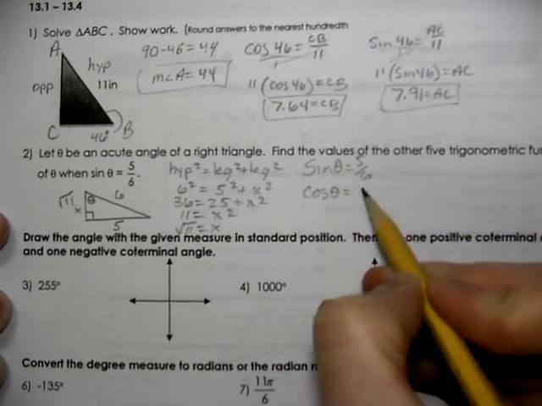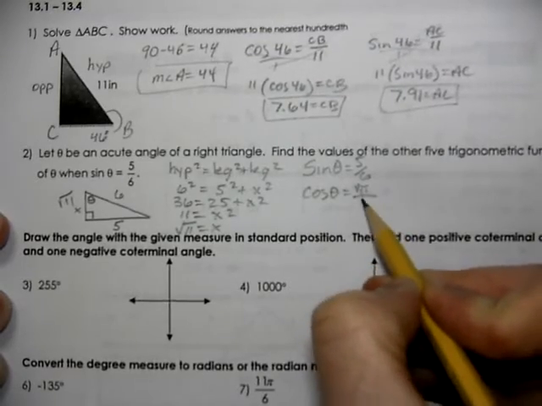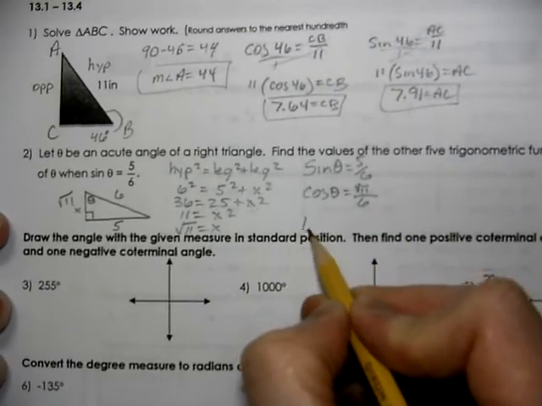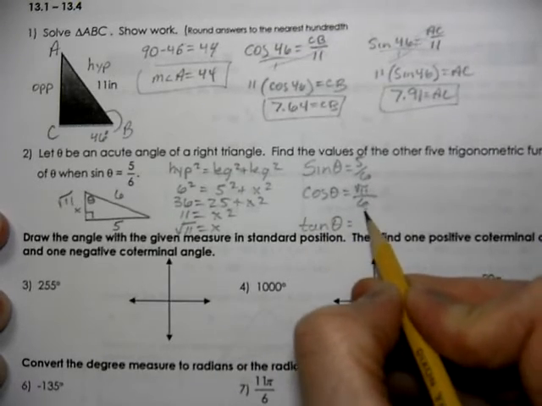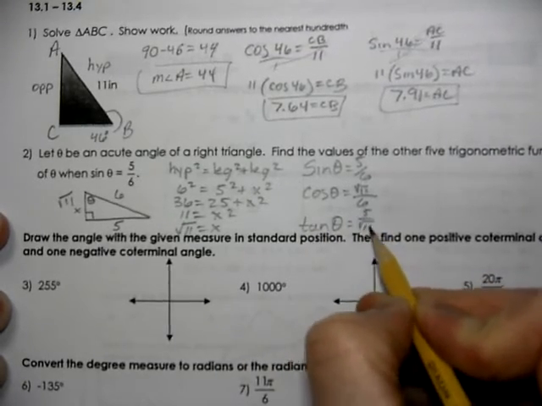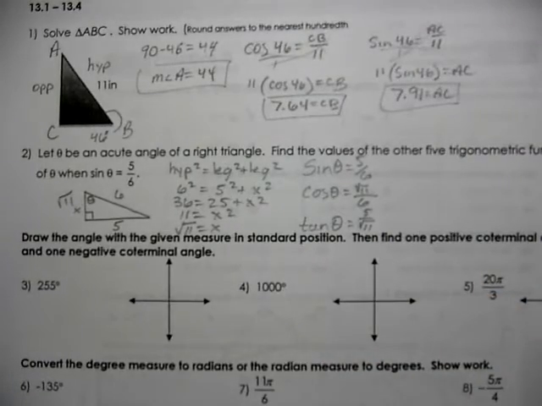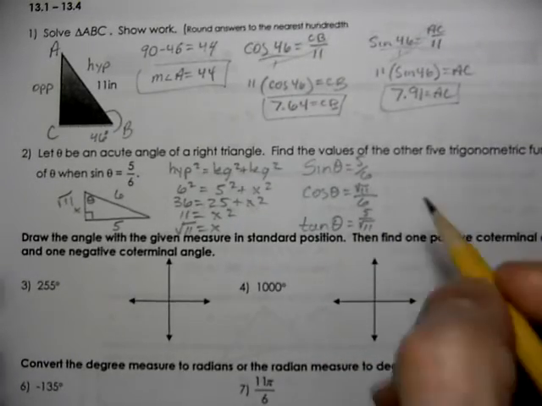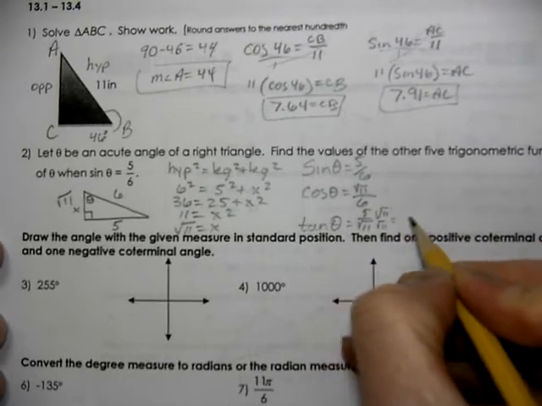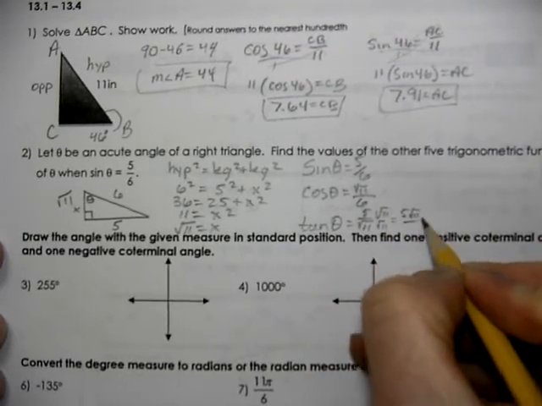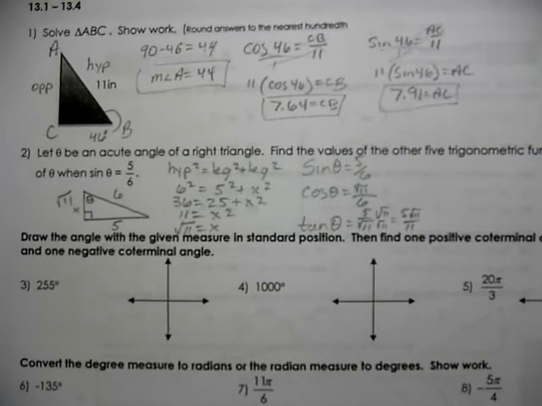Cosine of theta is adjacent over hypotenuse, and tangent of theta equals opposite over adjacent. Now notice that the square root of 11 is in the denominator, so we should rationalize the denominator to get 5 root 11 over 11.